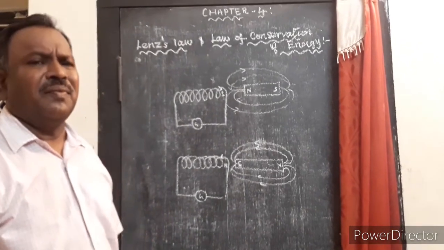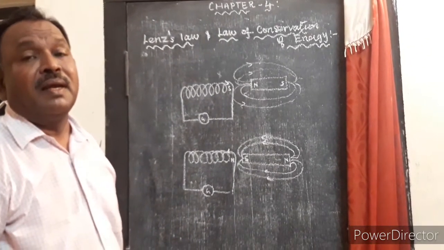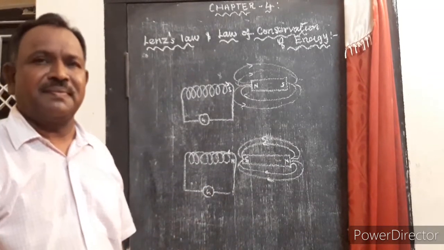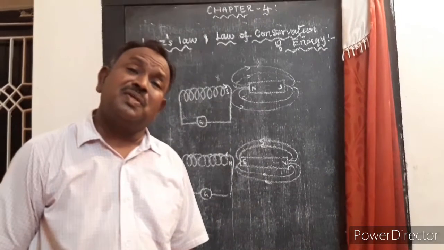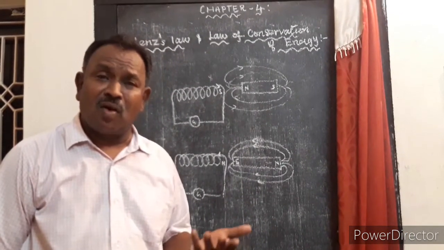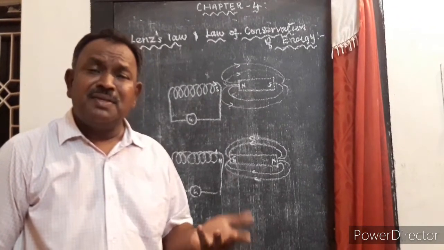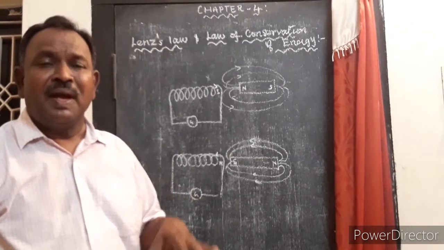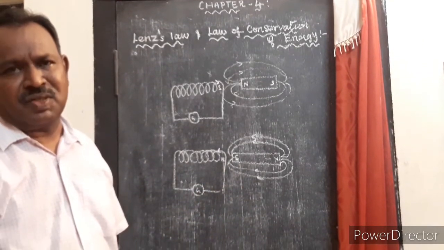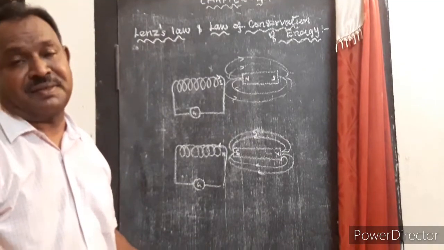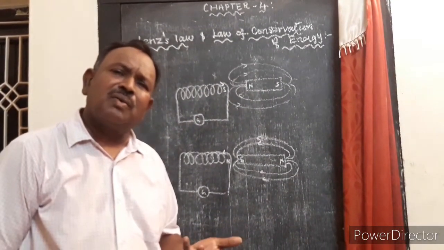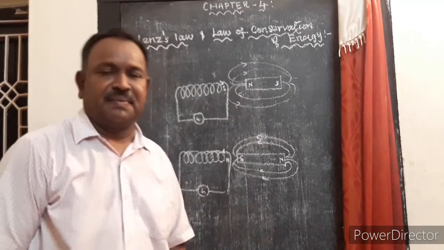The law of conservation of energy states that energy can neither be created nor be destroyed. Energy disappearing in one form reappears in another form in equal amounts. This is called the law of conservation of energy.